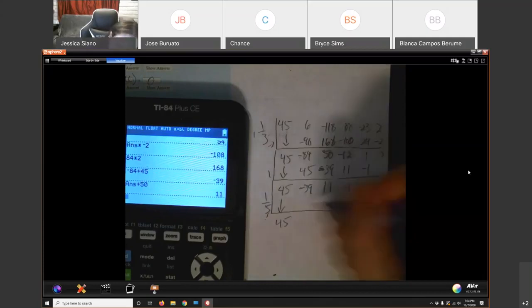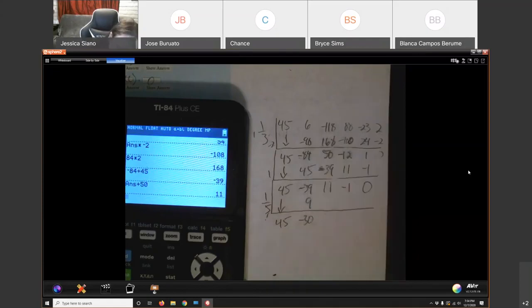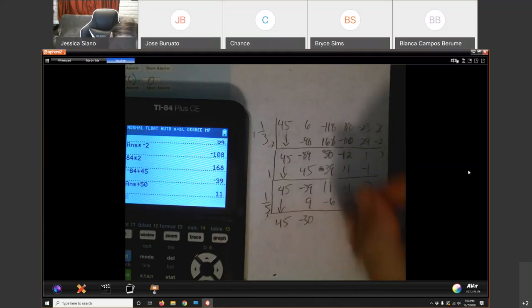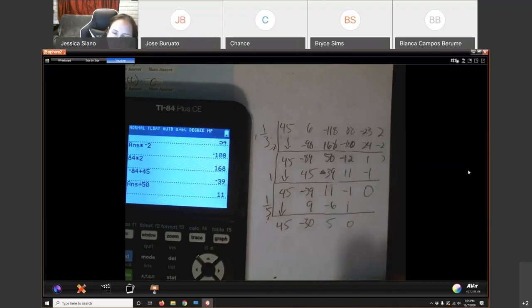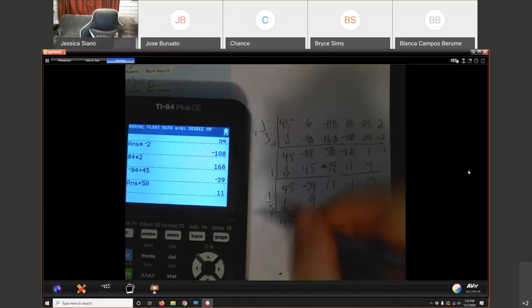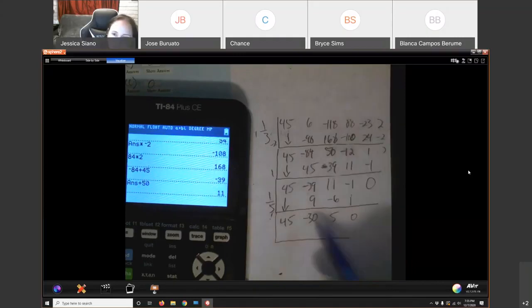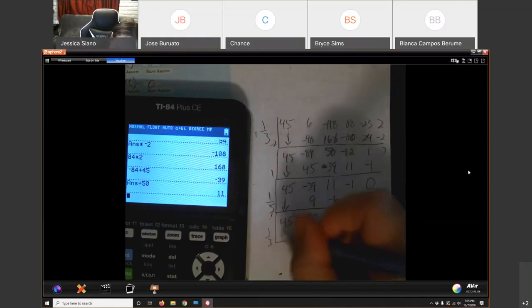One-fifth times 45 is 9. It's negative 30. That's going to be negative 6. And then we can take out the 1/3 again. Now, I don't really have to do this last step because this is a quadratic and I could factor it. But I also know the 1/3, so let's take that out.